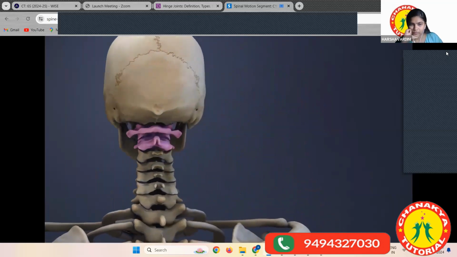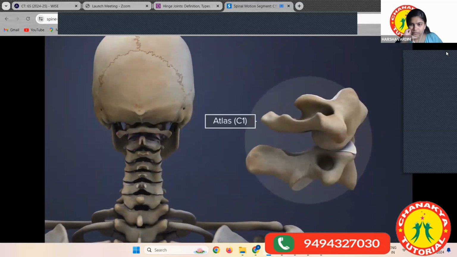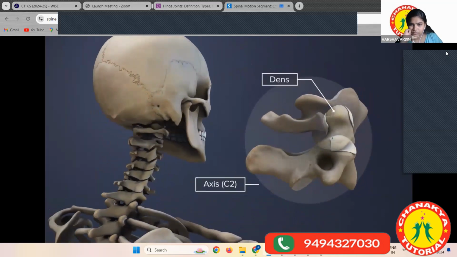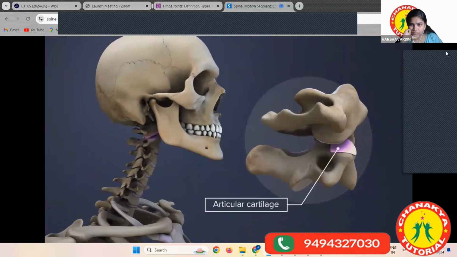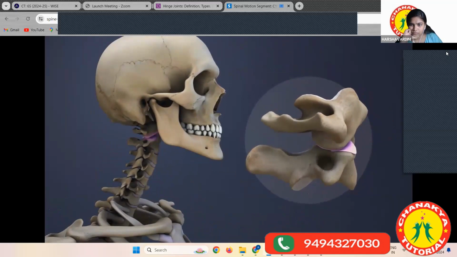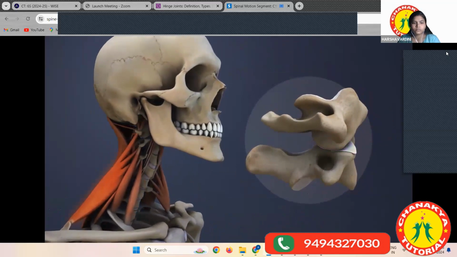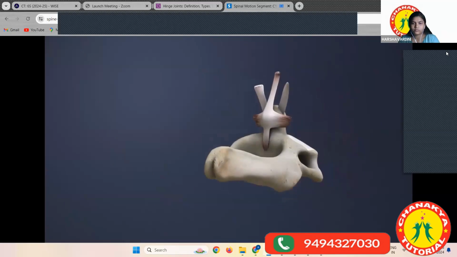The C1 and C2 vertebrae are connected in the back by a pair of facet joints. The ring-shaped atlas rotates around the dens, which is the peg-like bony projection of the axis. Articular cartilage enables the smooth movements around the dens and within the facets, while muscles, tendons, and ligaments help hold the vertebrae together. A strain or tear to any of these tissues can cause neck pain and stiffness.